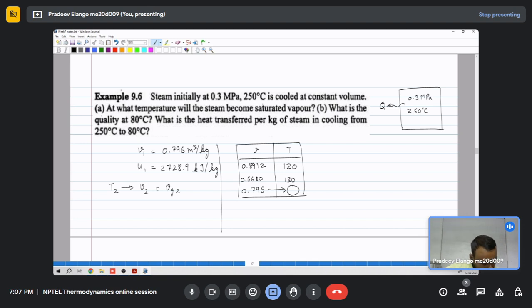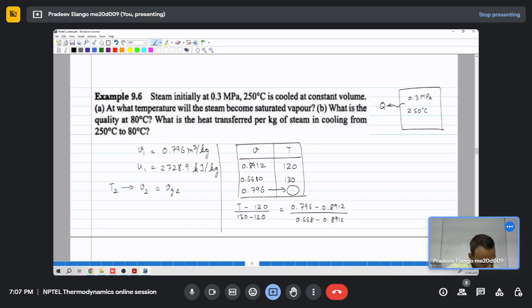So using the linear equation, we will have (T minus 120) by (130 minus 120) is equal to (0.796 minus 0.8912) divided by (0.668 minus 0.8912).